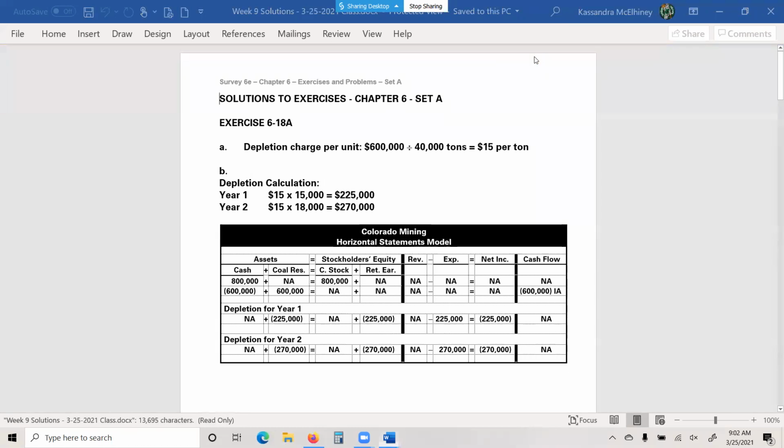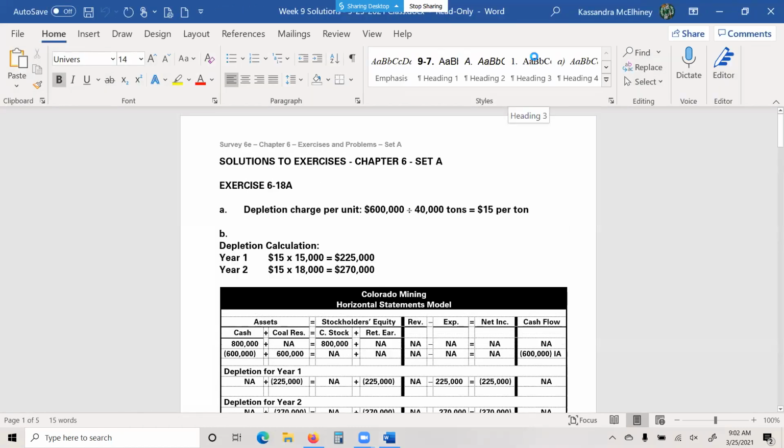Okay, so exercise 618 dealt with depletion, which is extracting some sort of substance from land. In this case, it was coal reserves.